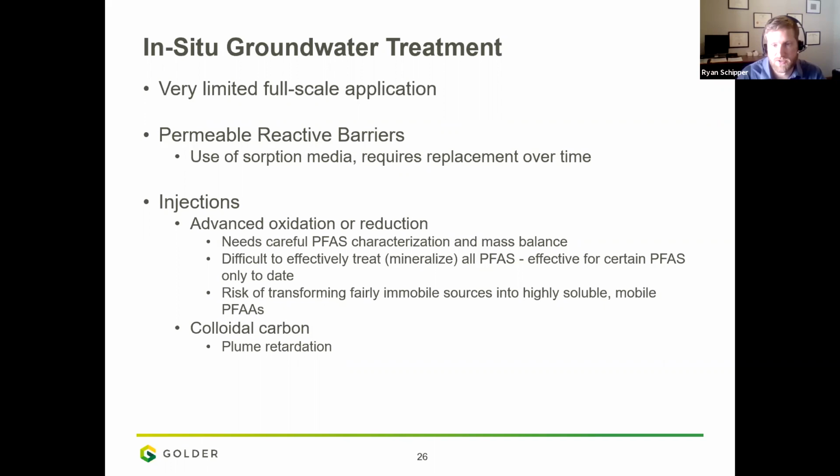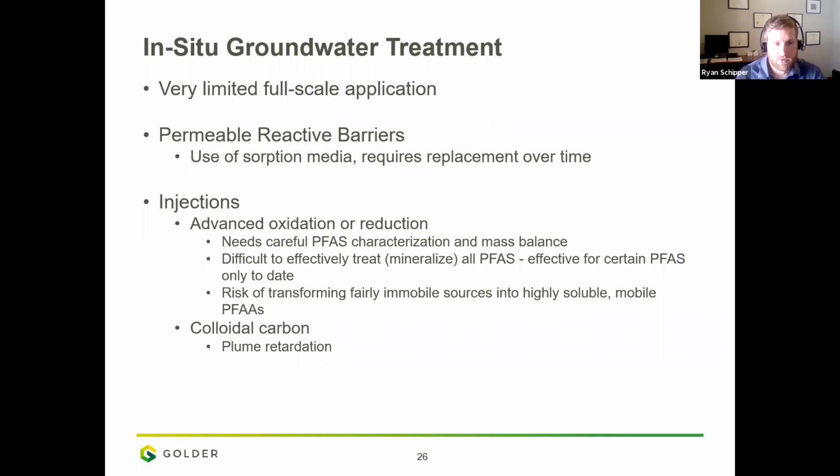With injections, which can include advanced oxidation or reduction, you need to be careful about your PFAS characterization and your mass balance. It can be difficult to treat all of the PFAS, and it's really only effective for certain PFAS at this time.